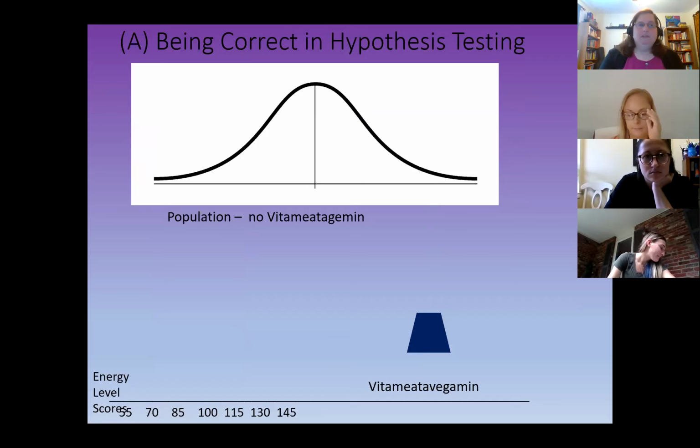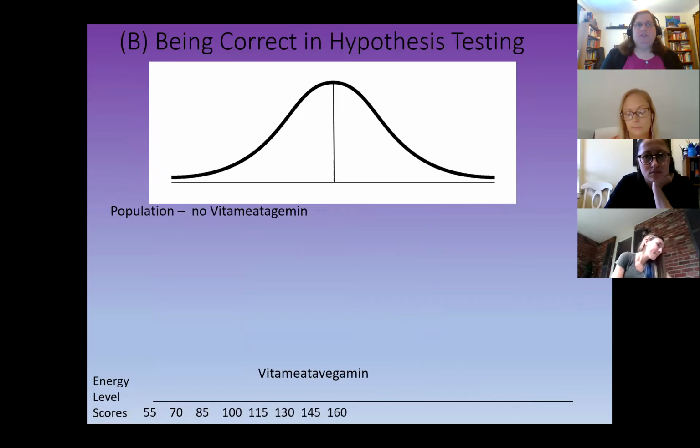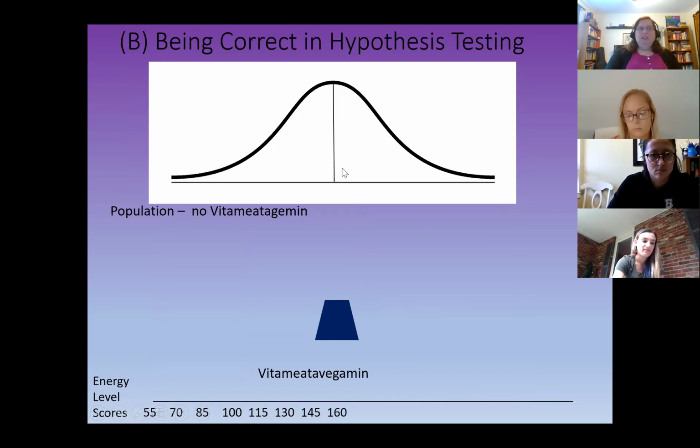Okay. Let's go on to another scenario. Now, this is my sample of vitamin D regimen folks. Well, to me, the mean looks very similar to my folks who did not take vitamin D regimen. So I'm not going to reject the null.